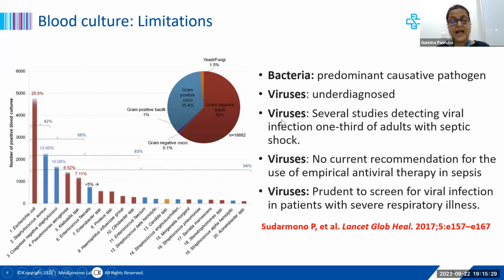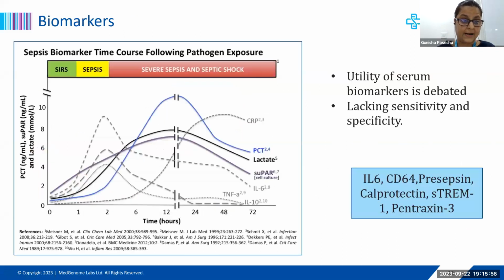And as I had earlier mentioned, viruses are missed, and there are studies which mention that viral infections are in 1/3 of all septic shock patients, and we do not even know about it. And there is no current recommendation for using empirical antiviral therapy in sepsis. So it is very important to screen for viral infection in severe respiratory illness, which blood culture does not support at all.